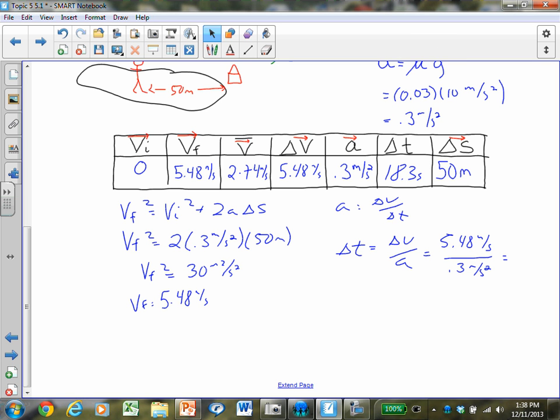Okay, so that's just an example of how friction can cause motion.